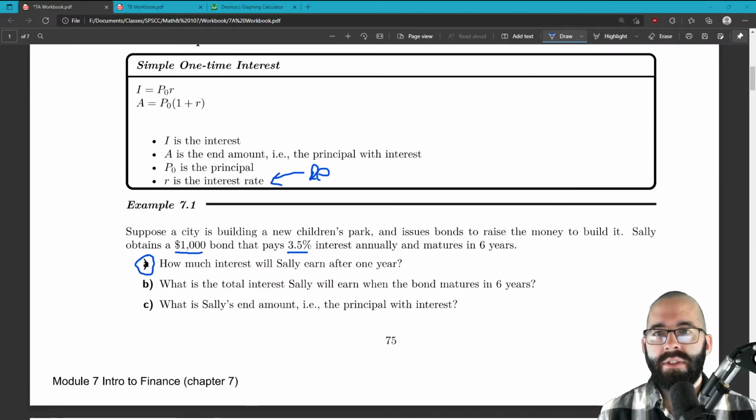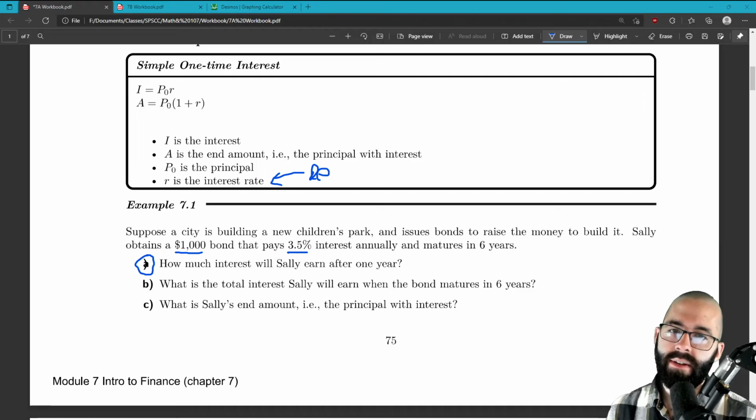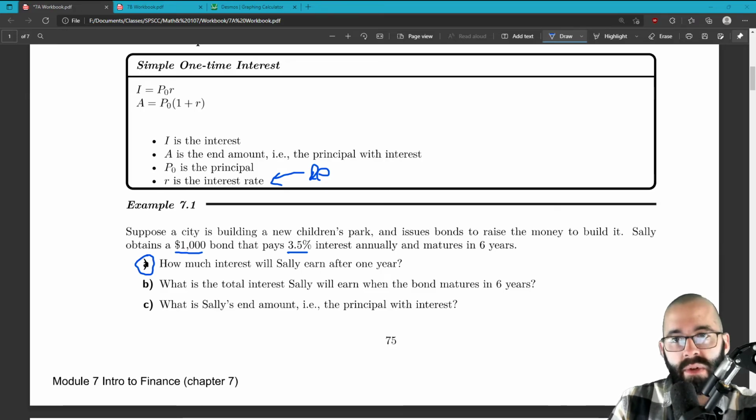So we're just using the simple interest formula, where every year she is making this 3.5%. Every year she's making $35. This is what's known as the simple interest formula, which is different from compound interest.